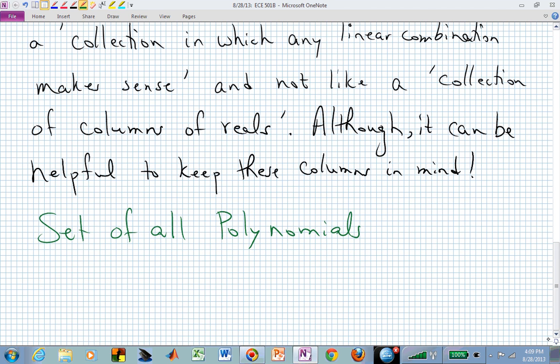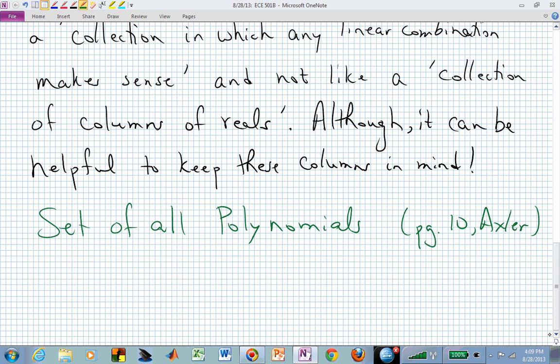And one of those is the set of all polynomials. And if you're looking in your textbook, that's talked about or introduced maybe for the first time on page 10. My notation may be a little bit poor in that that's supposed to be a script P for polynomial, and it's working on elements from this field where F is either the R's or the C's in general.